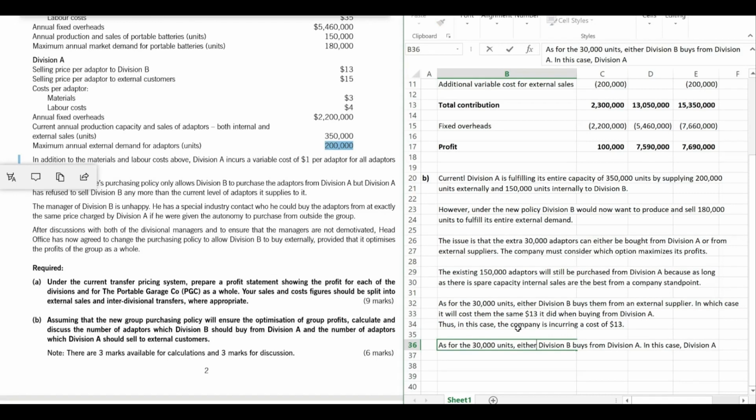The other option is that Division B buys from Division A. In this case, Division A will have to give up the external sale of 30,000 units.